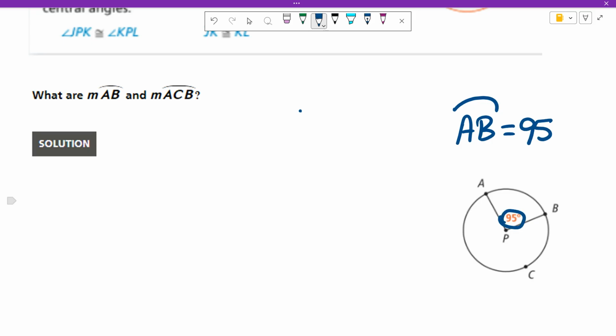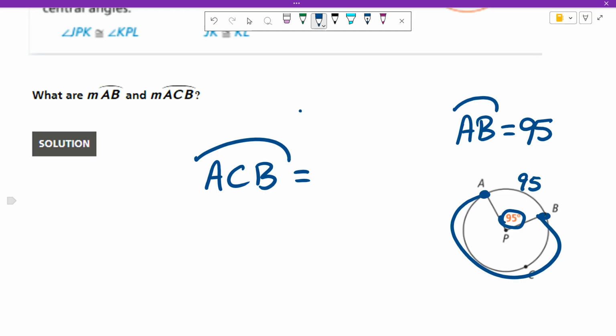And arc is the same as its central angle. Okay? So what's left for arc ACB? What's left for this arc that goes from A all the way around to B? Well, if there's 360 in a circle and we use 95 there, what's left for the rest? 265.